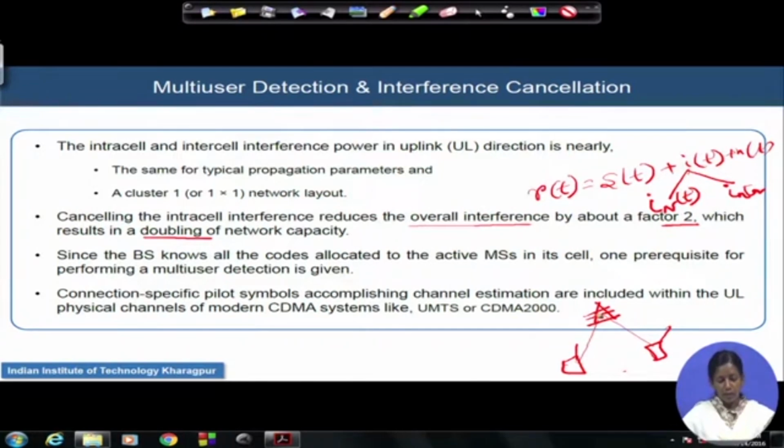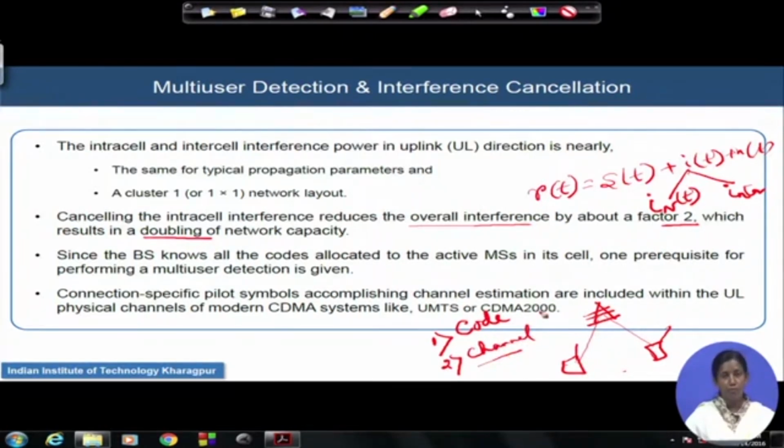Now, connection-specific pilot symbols you can add, because if the pilot symbols are different for different users, then those pilot signals can help you with the channel estimation. As I discussed in the last slide, the two important pieces of information you need for multi-user detection are, number one, the code information, and second, the channel information, or the channel estimation you have to perform.